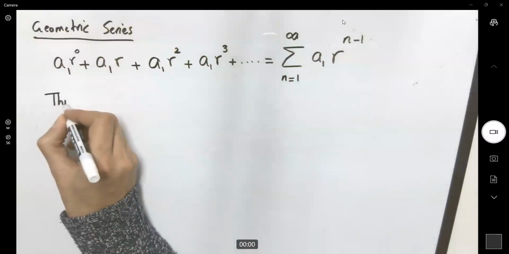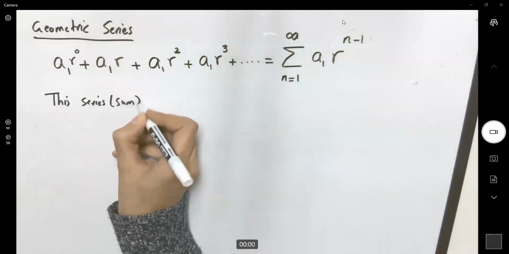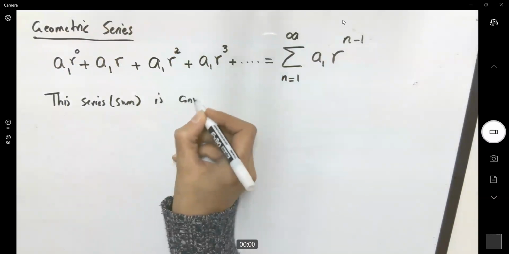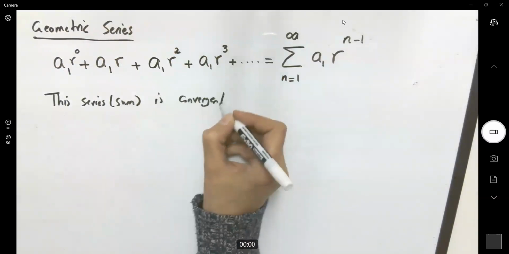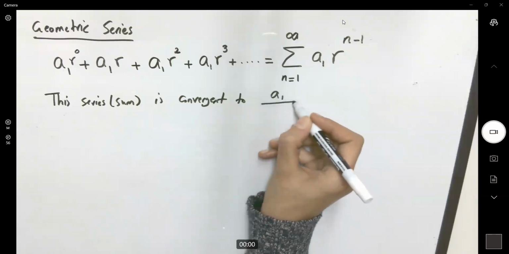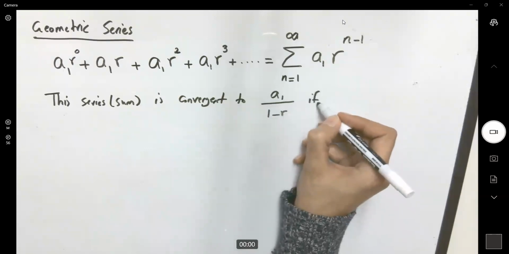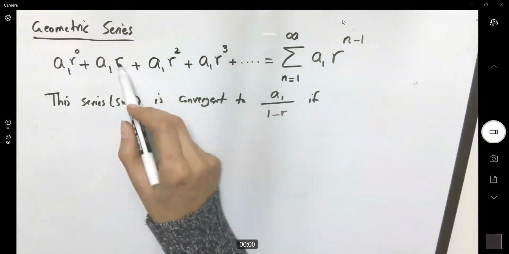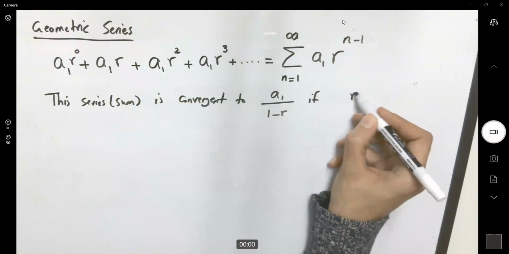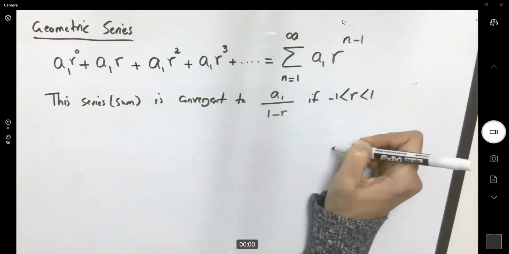This series, this sum, is convergent to a1 divided by 1 minus r if r, or the common ratio, is sandwiched between -1 and 1.